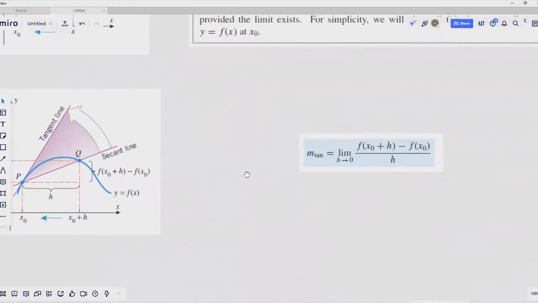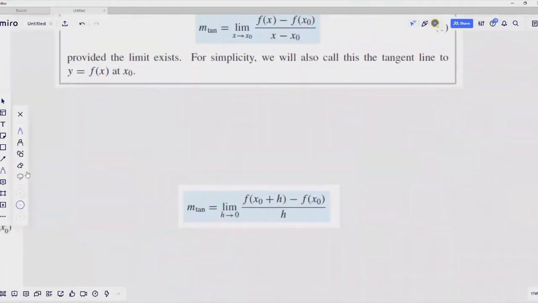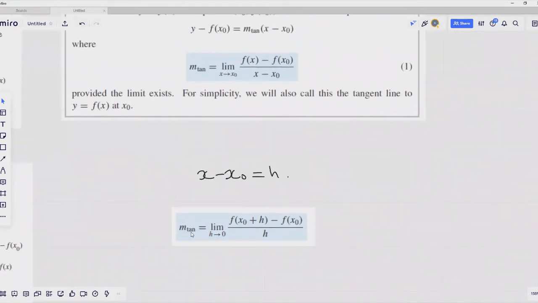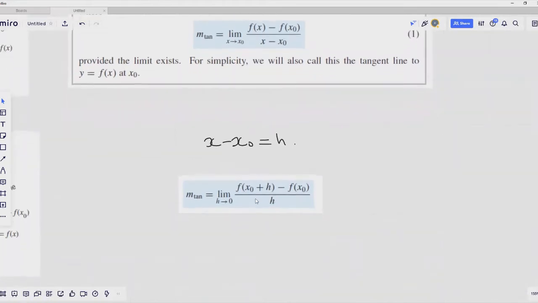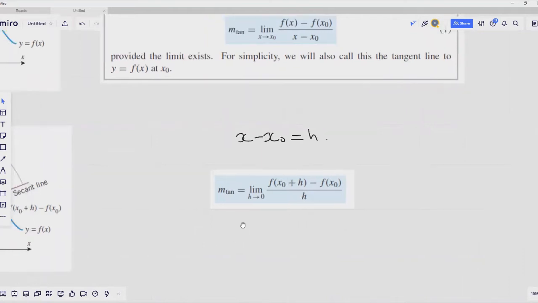Right, we can also derive the following definition. If we define x minus x0 as h, then we can replace the slope of the tangent line in the equation of our tangent line with the following limit as h approaches 0 of (f(x0 plus h) minus f(x0)) divided by h.